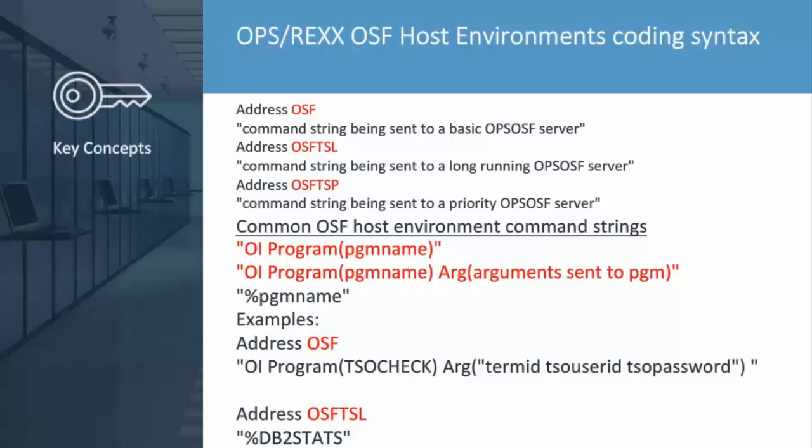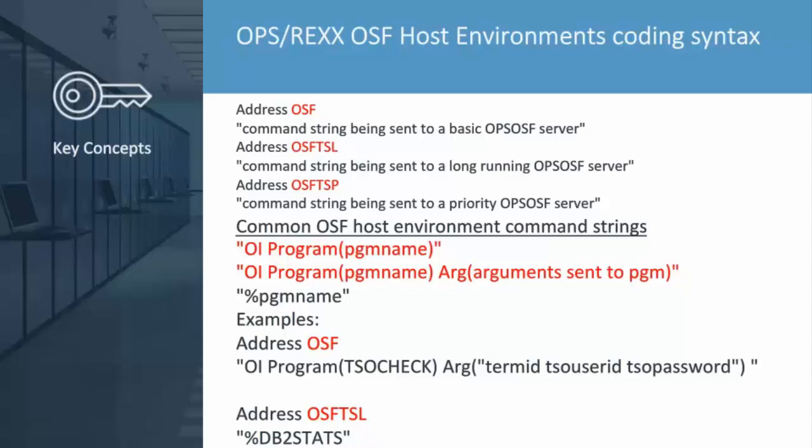If the calling program from the rule will be executing some type of work not supported in OPSREX and it must run in TSOE, you simply omit the OI instruction and call the program to run in TSO with the % program name. In these examples, the ADDRESS OSF host environment is being instructed to dispatch the TSO CHECK OPSREX program with a specific list of arguments.